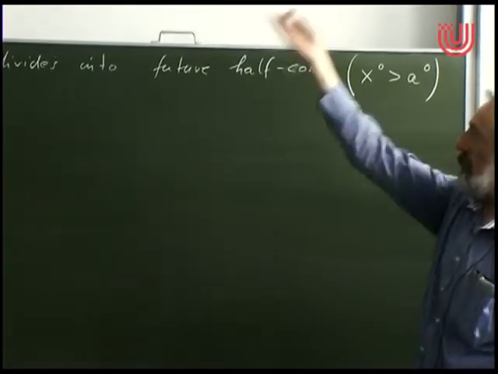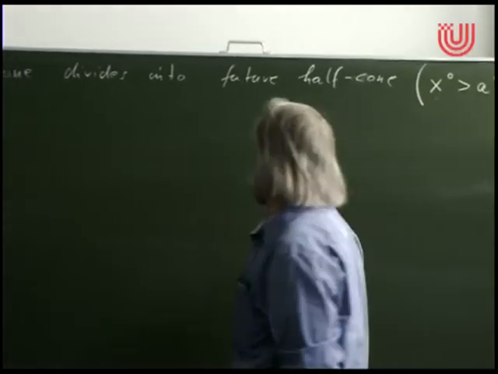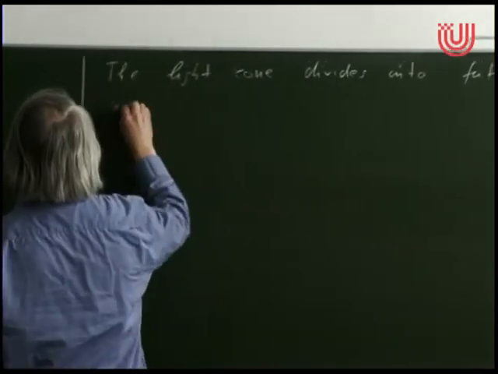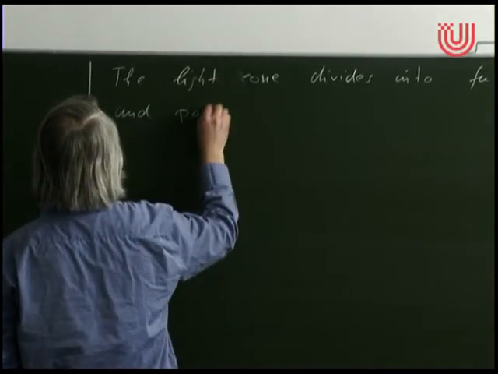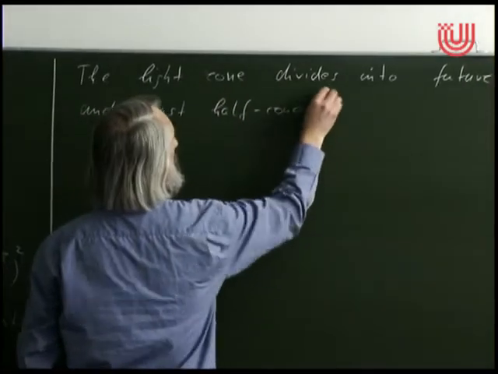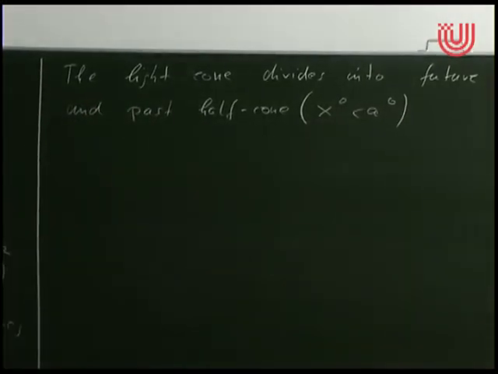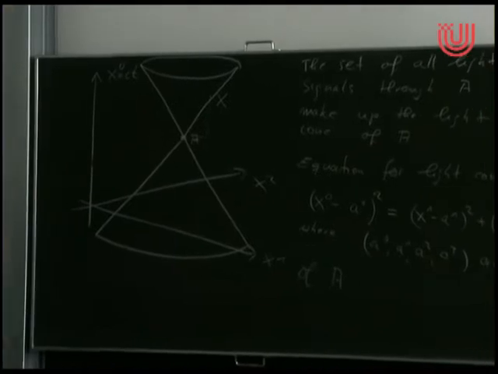So with respect to the time coordinate, it lies to the future of the event A. And the past half-cone: x0 smaller than A0. So this here is a future half-cone, and this here is a past half-cone.